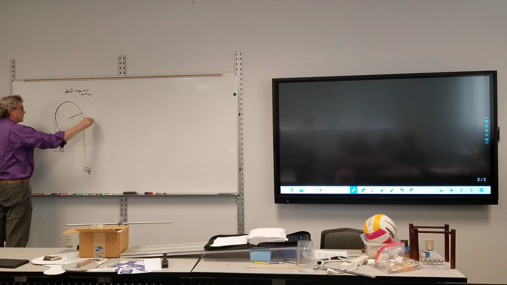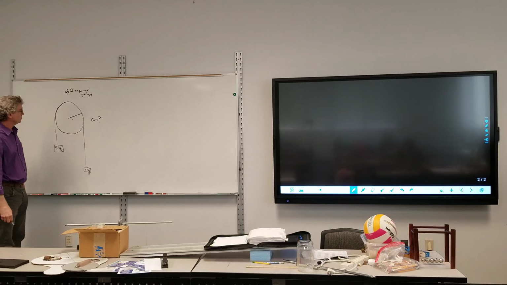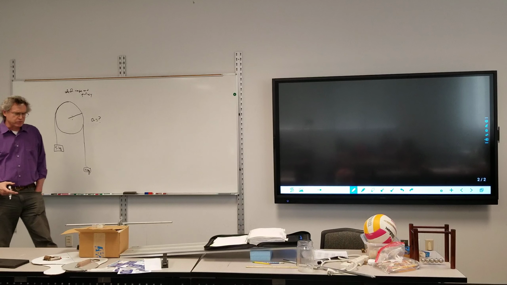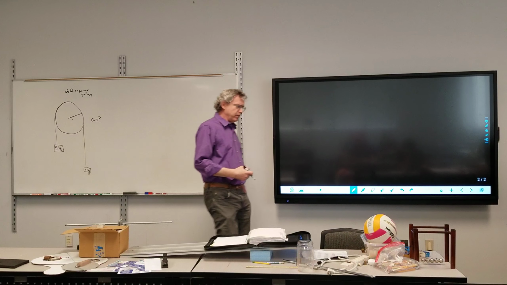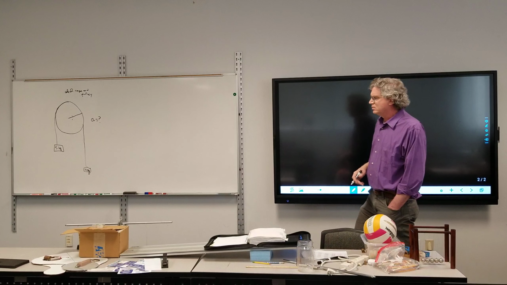What I want to know is the acceleration of the masses. So we're going to start out with that, and then we'll throw in some chapter 9 stuff. So this is a chapter 4 or 5 problem.